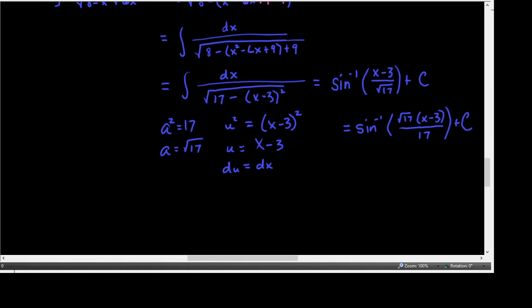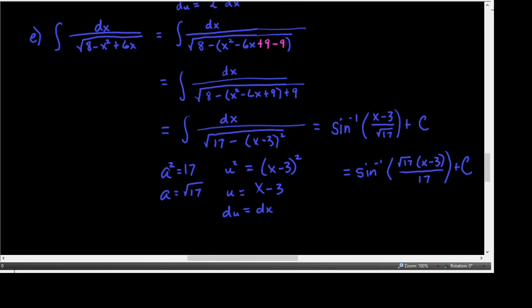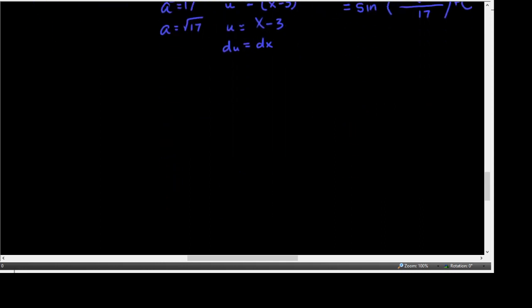All right, and then the last one I want to do with you is f. In my notes, I called it f. And this one is the integral of dx over the quantity x plus 4 times the square root of x squared plus 8x minus 30.